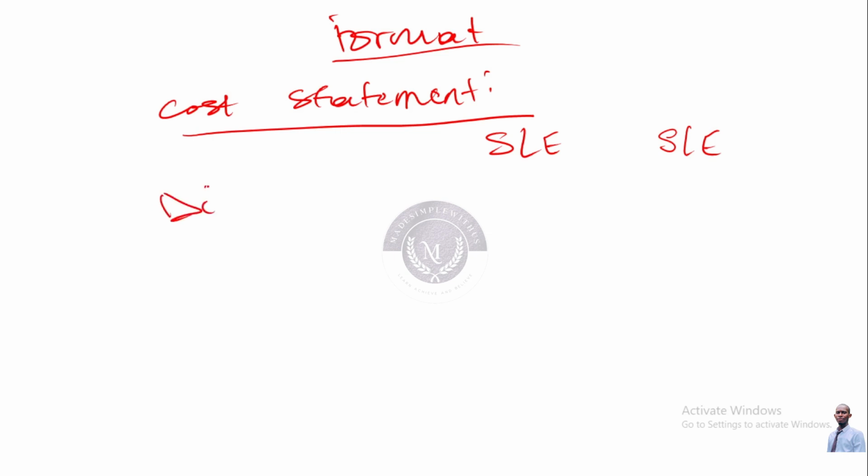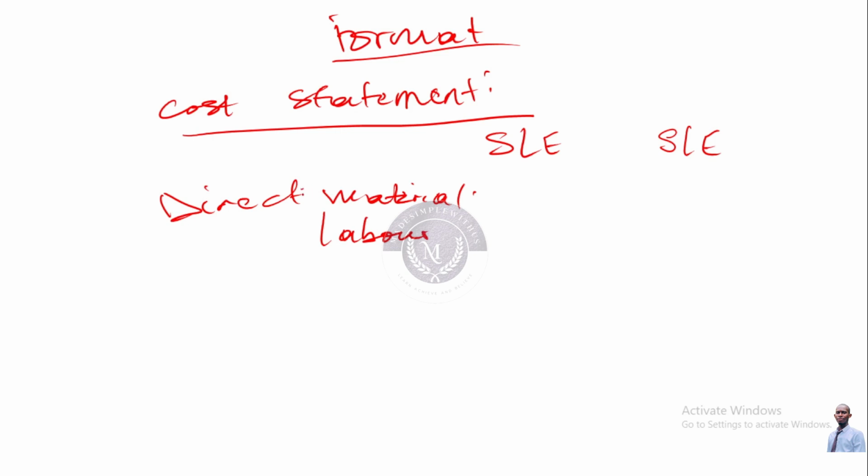We work with direct material. I have explained that. These are materials that can easily be identified to a particular cost center or cost unit. So we talk about labor.